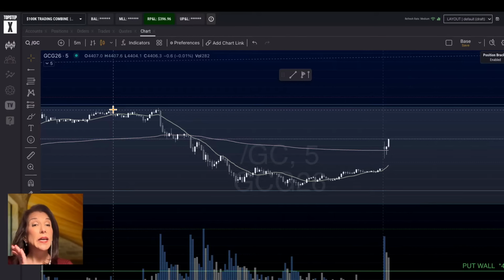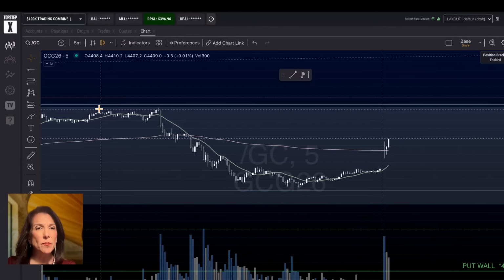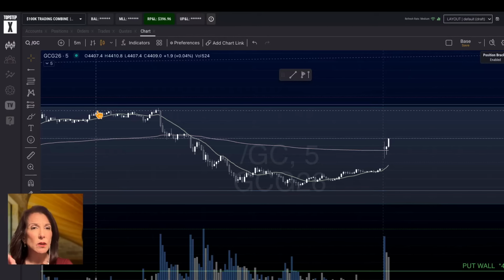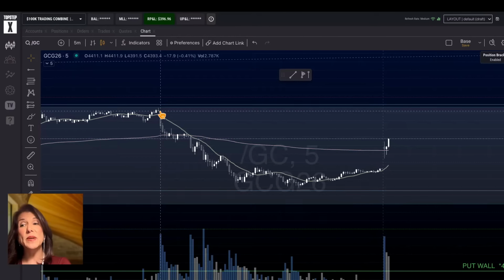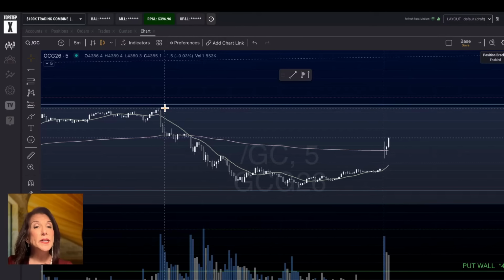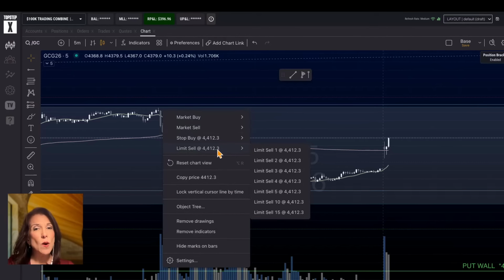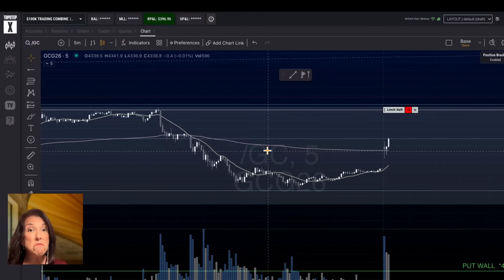If price action came up here and 4 times, 1, 2, 3, 4, 5, 6, 7 5-minute candles hit 44.11 and rejected, I can say, probabilistically speaking, if I get to this area at 44.12, I should see some sellers. Probabilistically speaking, that's all I've got.